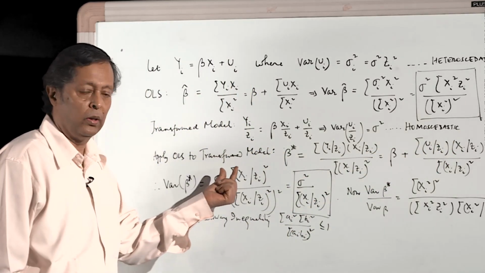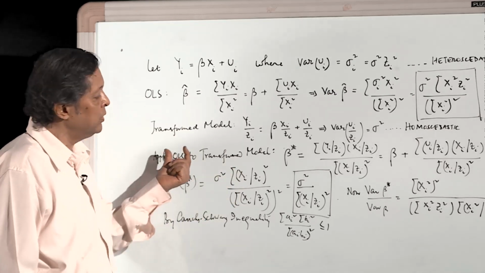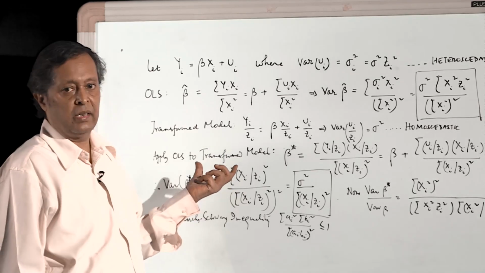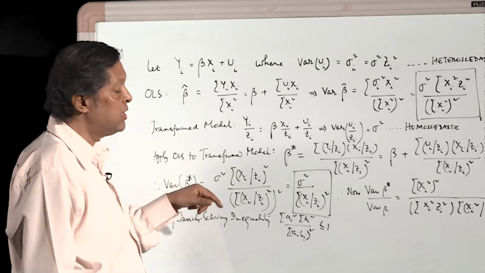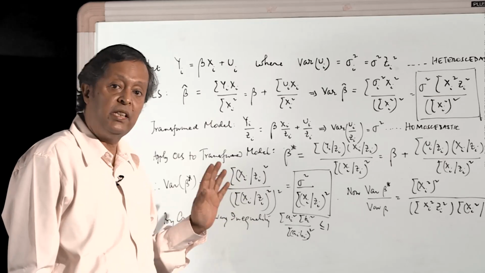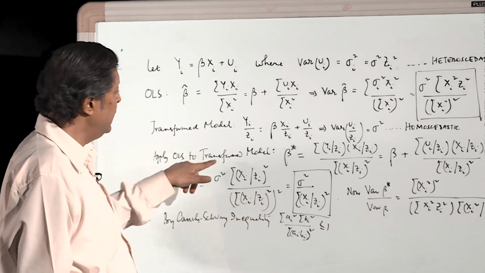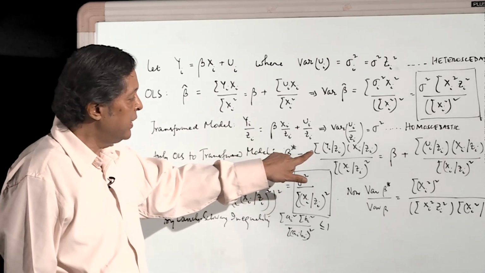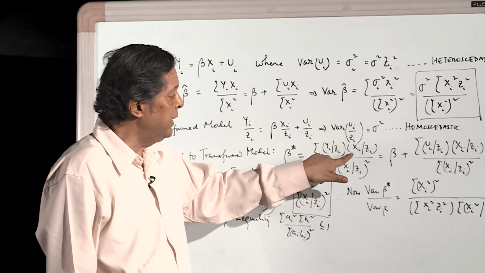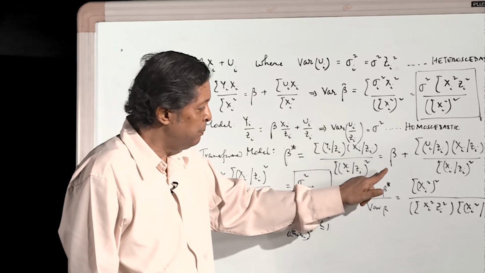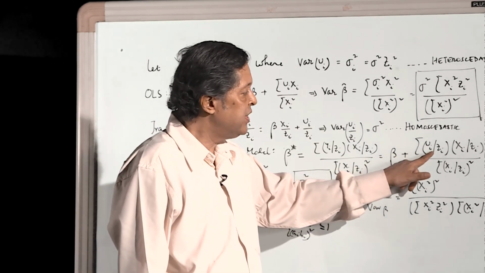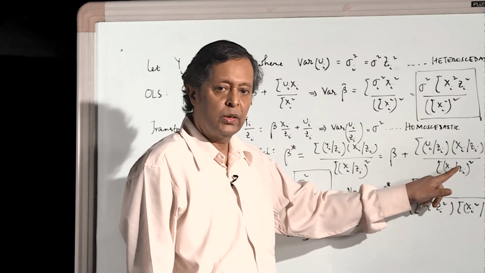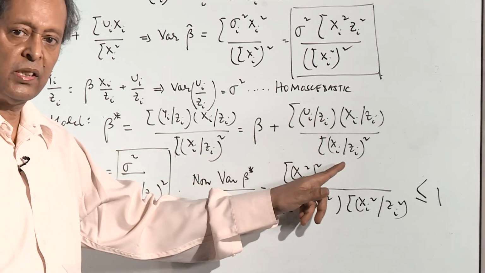the transformed model. Application of ordinary least squares on the transformed model is known as weighted least squares or generalized least squares. Earlier we had seen transformation through sigma hat, that is why we called it feasible generalized least squares. This gives us another estimate which we call beta star, where instead of y and x we are just deflating by z. So, we have beta plus summation of the product of u by z times x by z, divided by the summation of the squares of x by z.